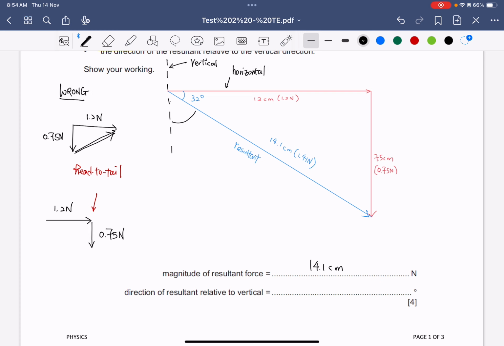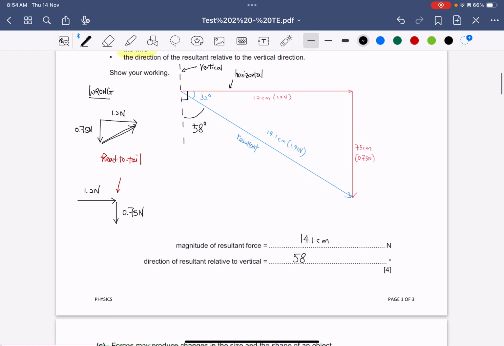Therefore, you have a right angle here. So the right angle is 90 minus 32, so you get 58 degrees here. So you put 58 degrees here. Okay, this is how we do it.